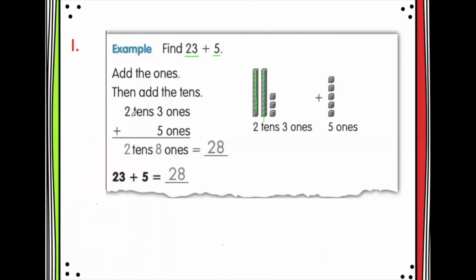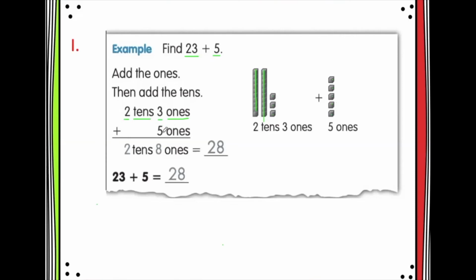So what they have done is they've taken 2 tens from the tens place, and 3 ones from the ones place, and then 5 is just one single digit. And 5 is in the ones place because we just have 5 ones.